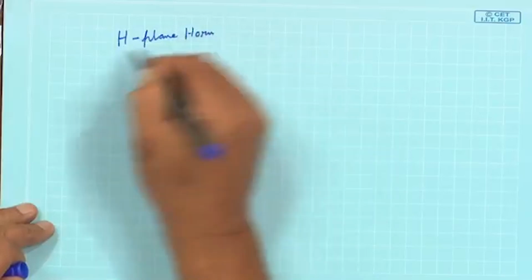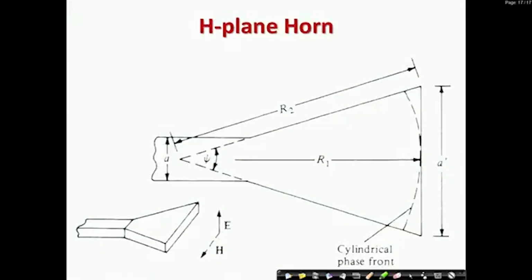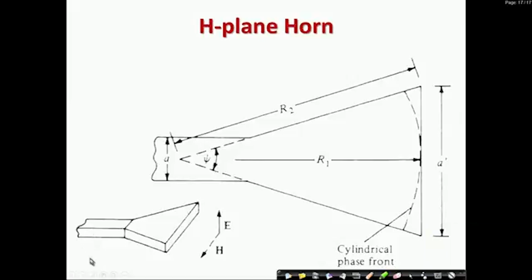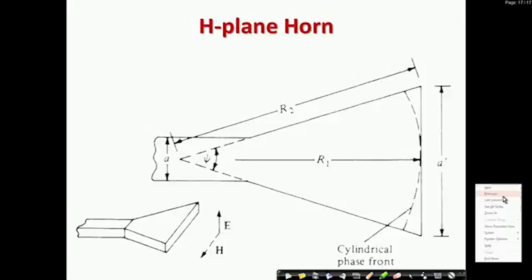You can see the picture of that H plane horn. Actually, this was the waveguide. Now, we have seen that the H field is in this plane. This is, I can say, the H plane of the waveguide, or if we go back to the rectangular waveguide, that will be better.